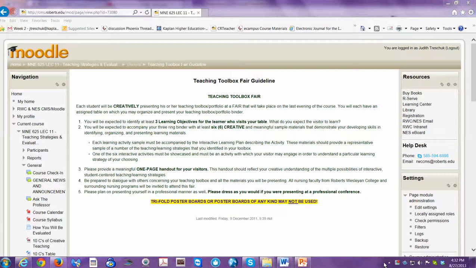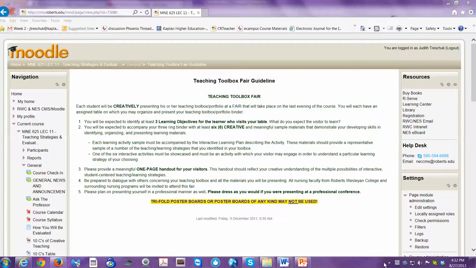For each teaching plan, you have a sample demonstrating what it is that you want to do with that teaching plan. Now, of those 6, you must showcase one, and you must have it set up such that the visitor to your table can actually engage with something related to that teaching learning plan that you have.